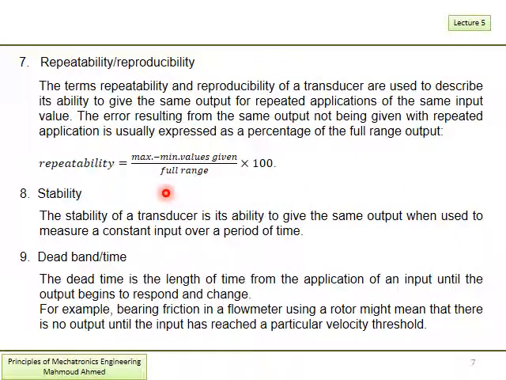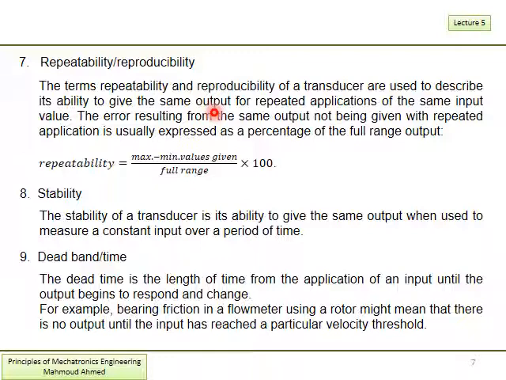Repeatability and reproducibility. The terms repeatability and reproducibility of a transducer are used to describe the ability to give the same output for repeated applications of the same input value.